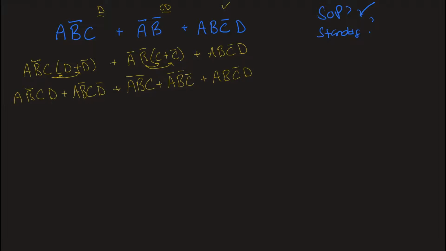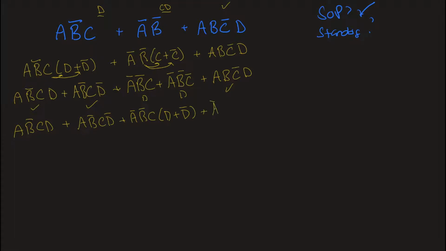Now notice, we're not done. This one is in the right form, this one's in standard form, this one needs D added to it, and this one needs D added to it. This one is in correct form. So we have to go ahead and add those D's. So that would give me A, B naught, C, D, or A, B naught, C, D naught, or A naught, B naught, C, and again I'm going to multiply it now by D or D naught.